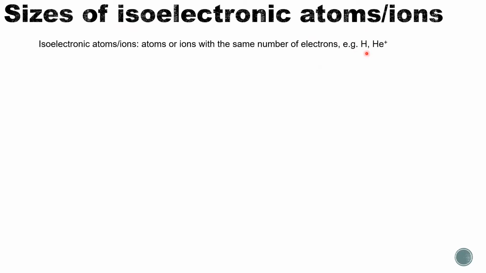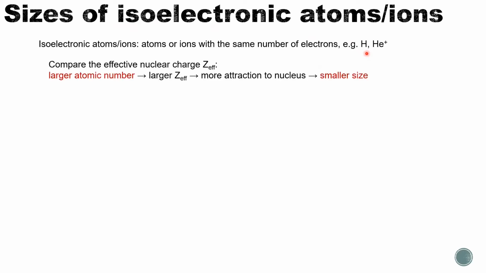When we compare the size of isoelectronic atoms or ions, we actually compare the effective nuclear charge, Z subscript eff. We can understand it this way. If they have the same number of electrons, then we don't need to care about shielding and penetration, because the electrons are exactly the same.